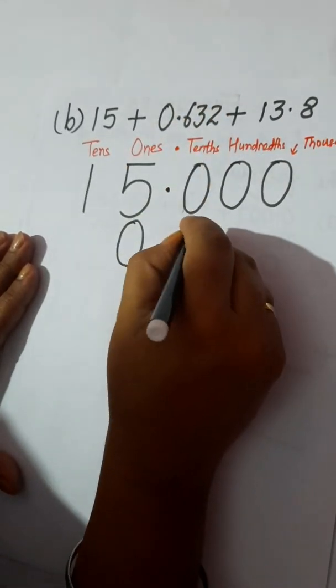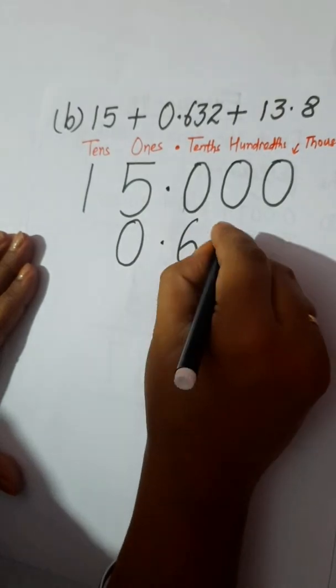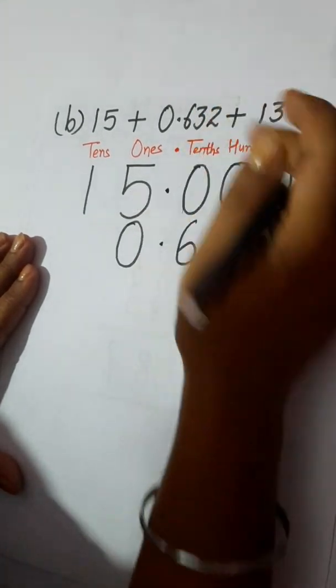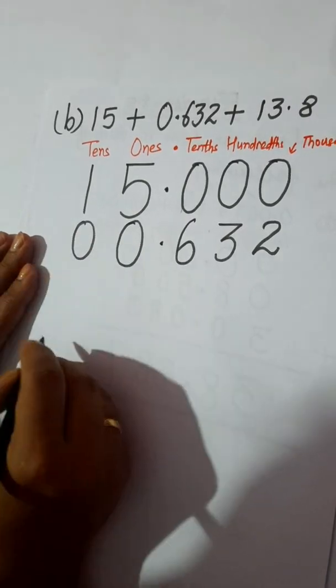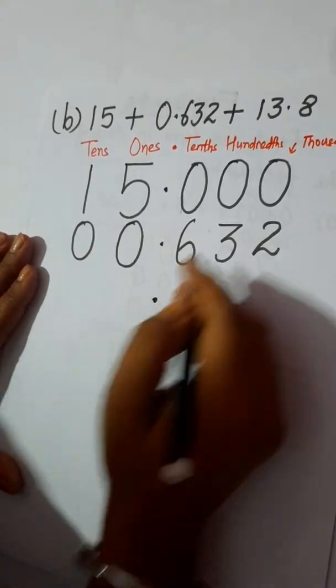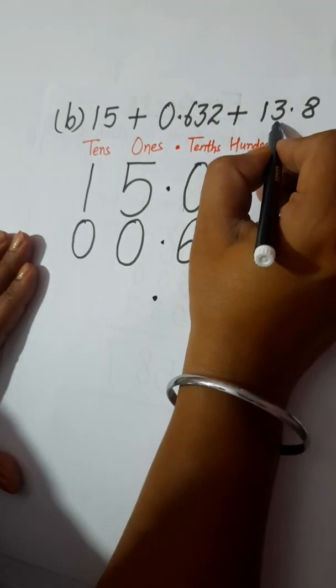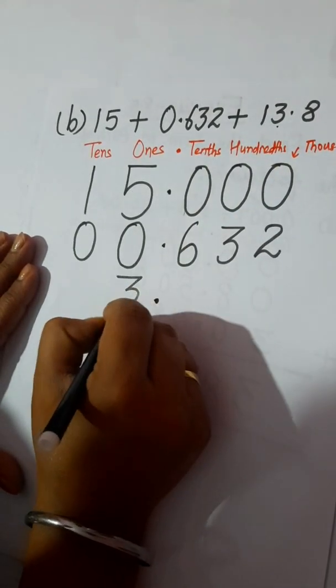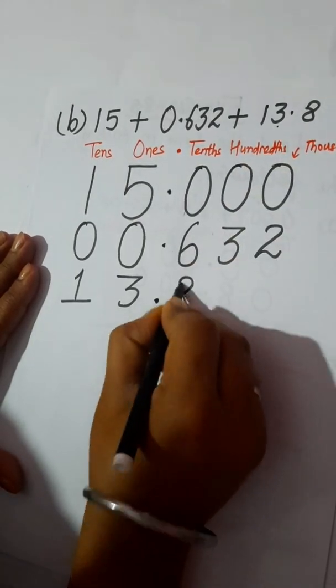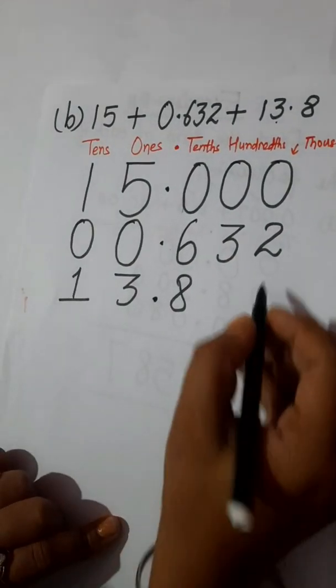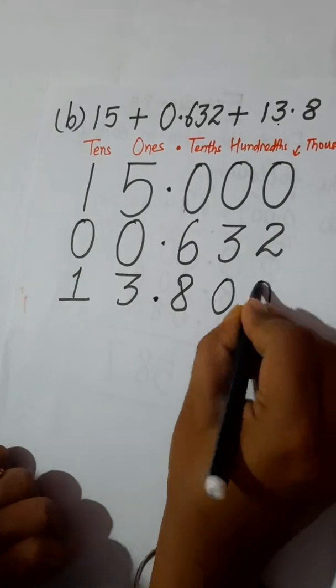Now this 6 is at the tenths place, then 3 below hundredths, then 2 below thousandths, and below tens I will write 0. Again I will put the decimal. Now here I have 13.8. This 3 is at the ones place, so I will write 3. This 1 is at the tens place and this 8 is at the tenths place, and below this I will write 0 0.